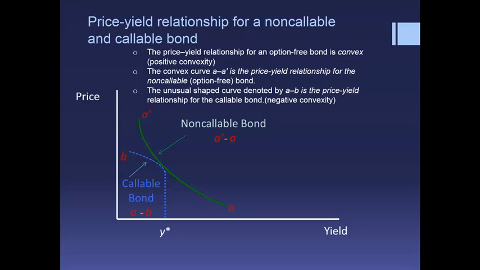So what you see is that veering off, if you will, and that veering off for the callable bond is a negative convexity. So a callable bond, if we look at its price-yield relationship, is going to exhibit properties of positive convexity over some yields and negative convexity over others.